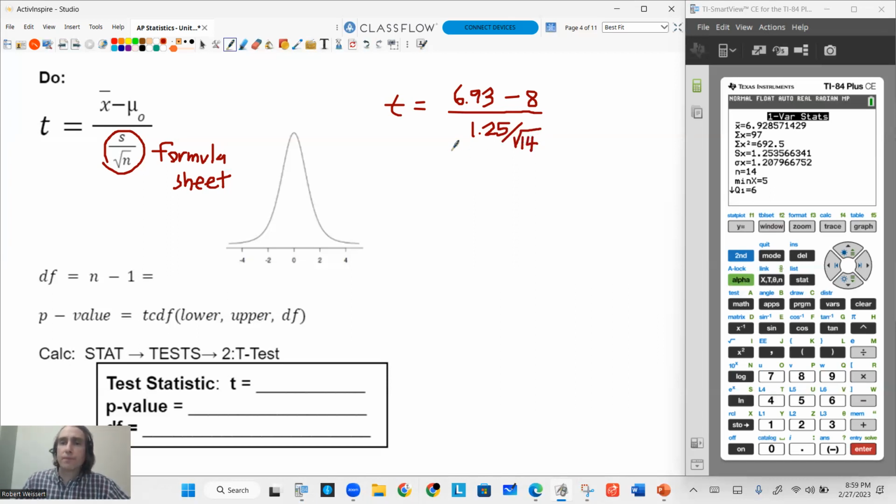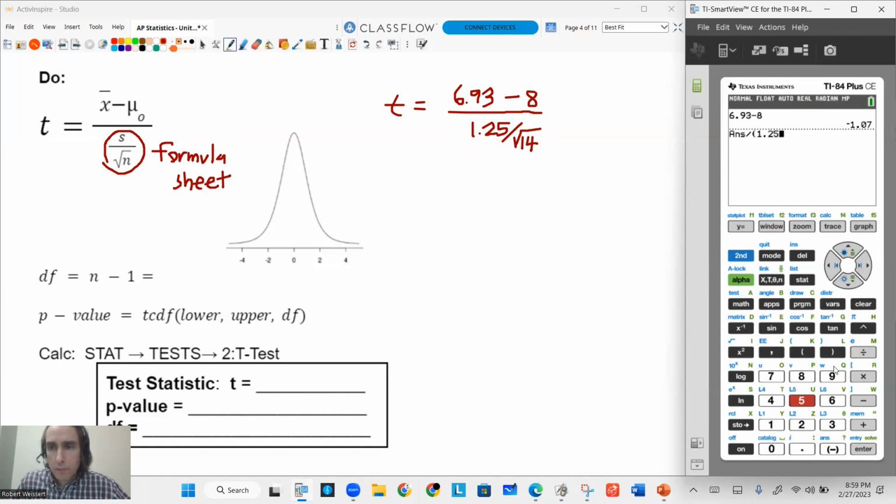Let's calculate that. And our t-test statistic is about negative 3.2. I'll say negative 3.203.